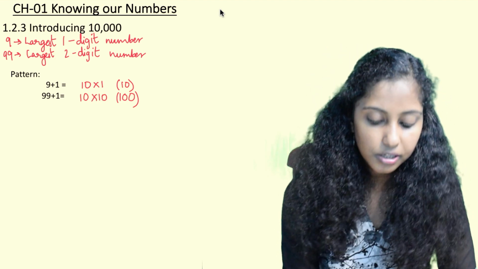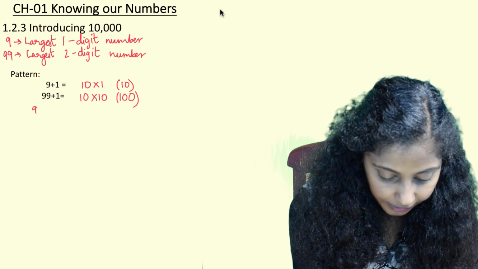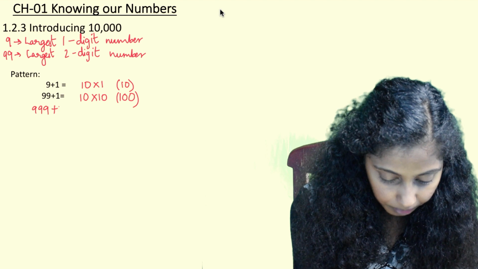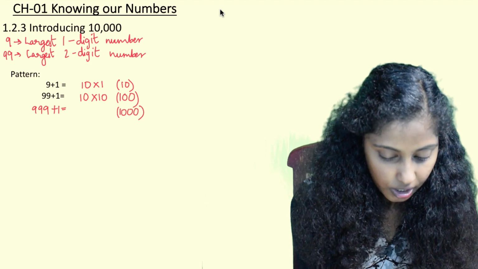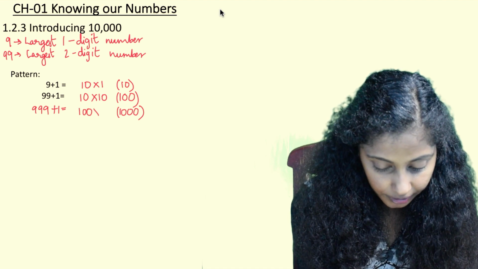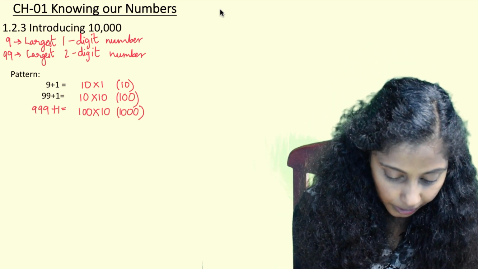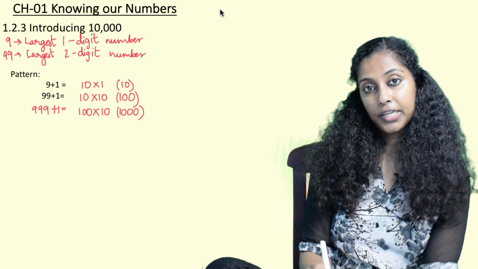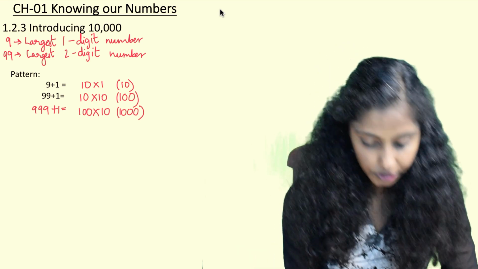Now this 100 is the smallest 3-digit number. Then if I write 999 plus 1, this will give us 1000. Now this 1000 can also be written as 100 multiplied by 10. Now this 999 is the largest 3-digit number, and 1000 is the smallest 4-digit number.